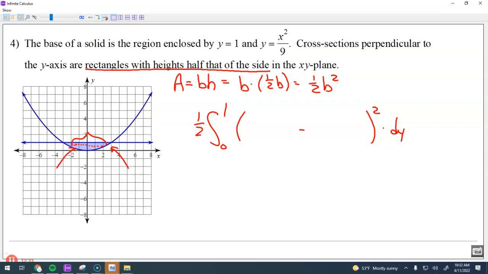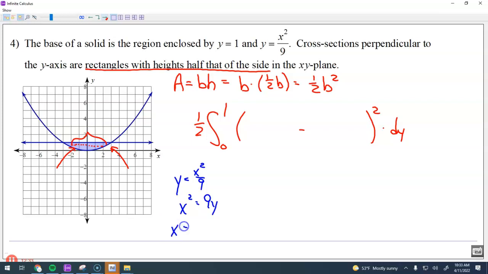Usually that's just a matter of getting this in terms of y. Every single thing you put in this equation has to be a y value. If you try to put this x squared over 9 in, it's not going to work, it's not a y value. So we got to get this solved for x. So y equals x squared over 9. I'd probably multiply both sides by 9, so I get x squared equals 9y.